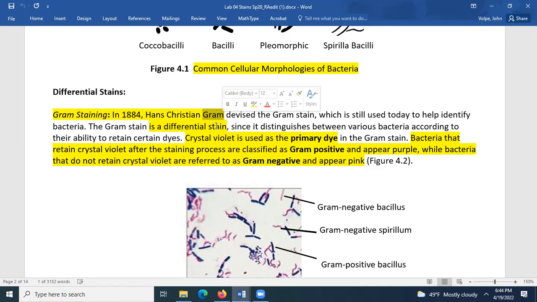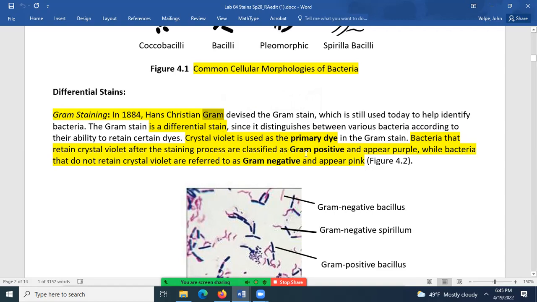In the Gram stain, crystal violet is the first dye used, so we call it the primary dye. Bacteria retain the crystal violet and they will take up the purple color. And if they retain that, we call them gram-positive cells, where they stay purple.